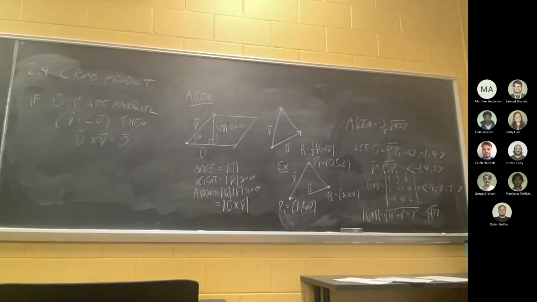For the j component, I'm getting 2 times 2 is 4, so -4, -4 minus 4, -8.